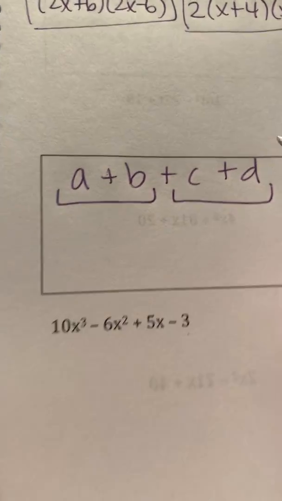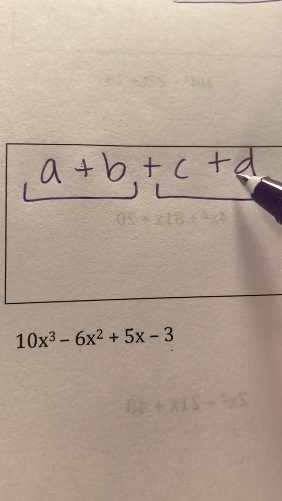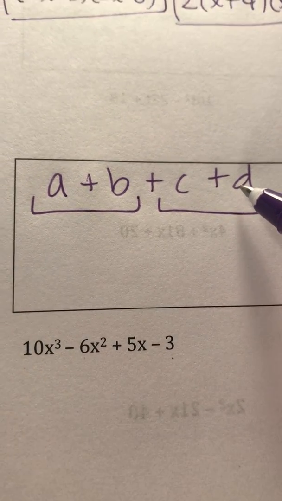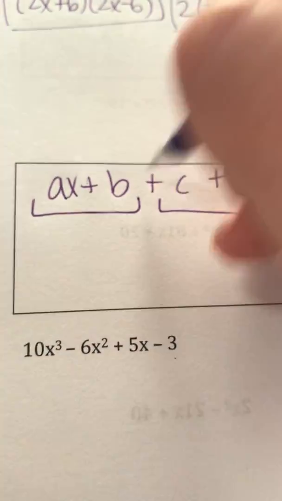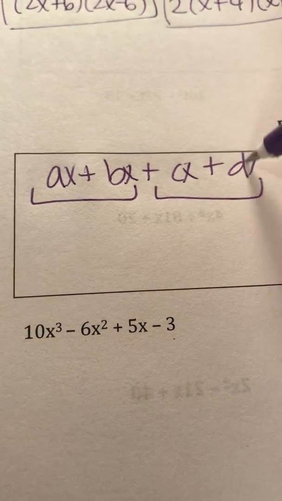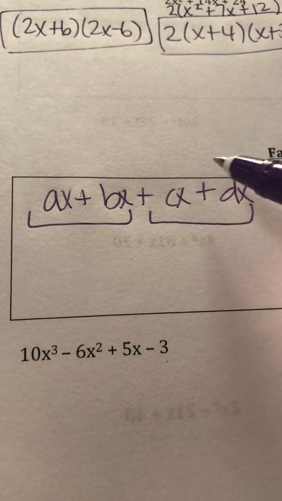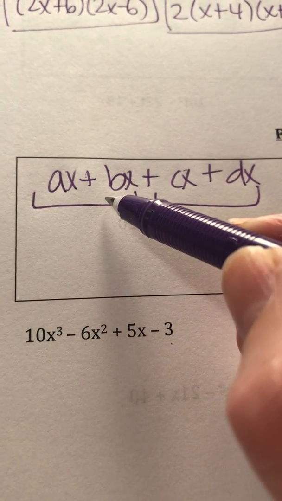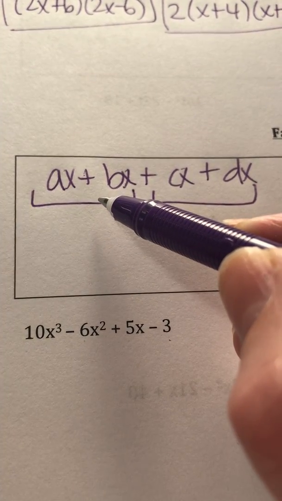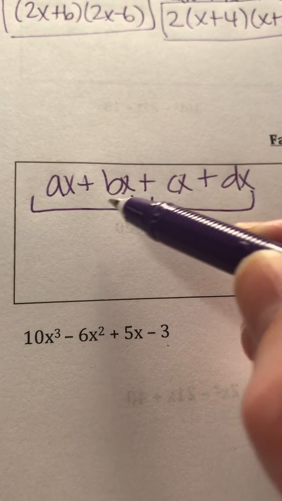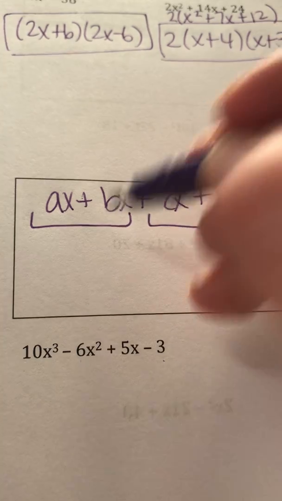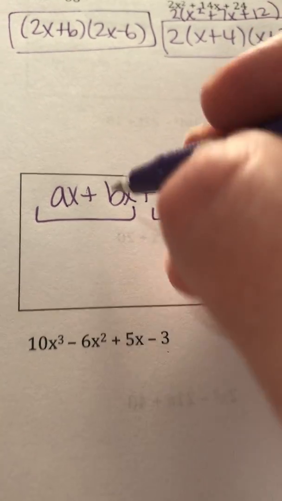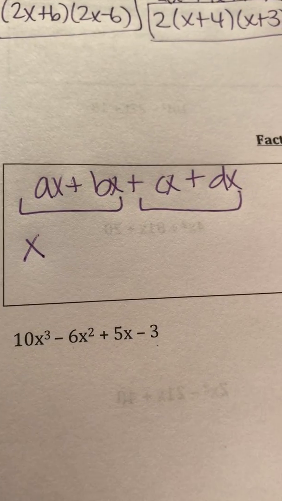You want to group together the first 2 and group together the second 2. Now, when you group together the first 2, you look at these first 2 here, and you're going to take out the greatest common factor. Okay. So here we have X as our greatest common factor.